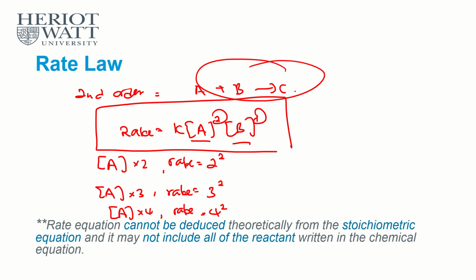Of course, this is a simple reaction which involves only A and B. In an industrial process, you have long chain reactions which involve more than 10 reactants in the whole reaction. By the time you have 10 reactants, don't tell me you're going to increase the concentration of all 10 reactants. That will be increasing the cost, right?